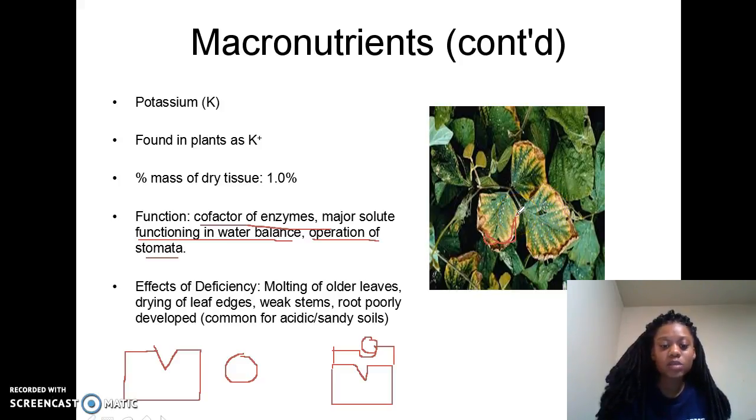The stems become weak and the roots become poorly developed. And this is mostly found in acidic and sandy soils because, as we discussed, acidic soils allow the essential ions to get into the plant. And sandy because it increases the rate of absorption.